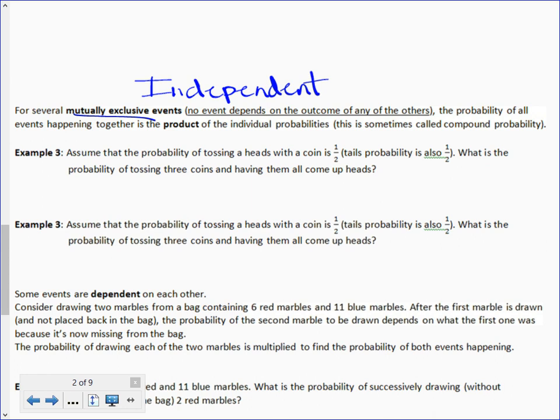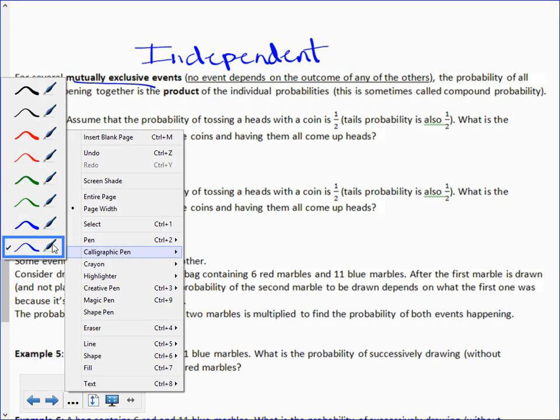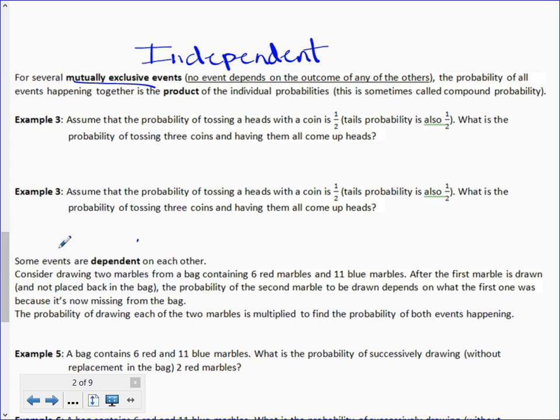The coin is independent because it doesn't matter how many times you flip tails, it's still going to be 1/2 probability. The previous flip doesn't affect the next one, but with the pens and pencils, it does. Because some are getting taken out, exactly. Because it's not getting replaced, not getting put back in.